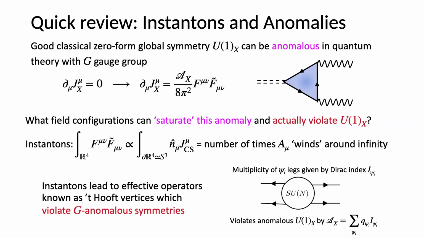I'll draw it schematically like this. These are local interactions among all of the charged fermions, and they concretely violate this X quantum number by the appropriate amount dictated by that anomaly coefficient. The details of this won't be necessary at all, but we can also talk about it more offline. Good. Any questions before I continue?